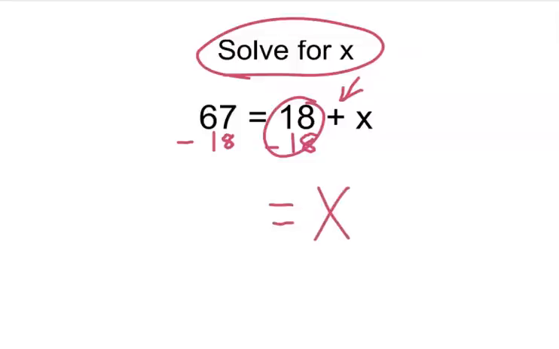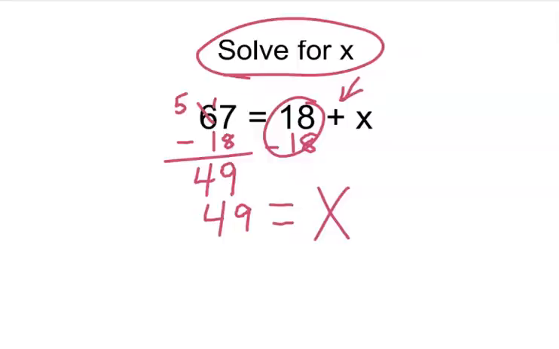All right, and then we have this one here. We can't take 8 away from 7, so we're going to borrow from the 6, make it a 5. So 17 minus 8 is 9. 5 minus 1 is 4. Okay, so on this side it is 49. So x equals 49, and you can check that by putting in 49.